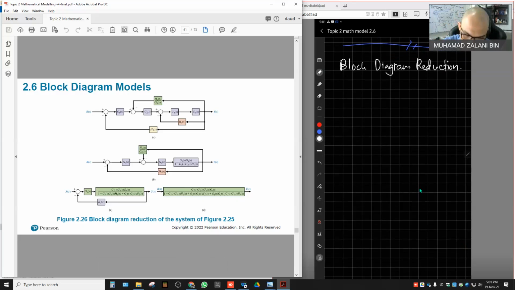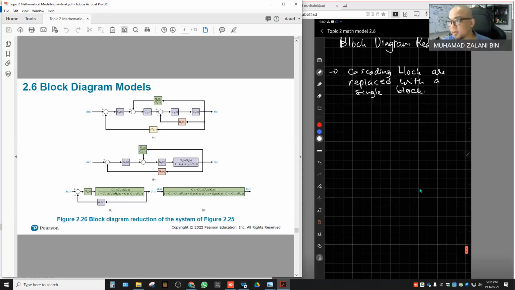Let's say for the simplest example, a cascading block is replaced, many blocks replaced with a single block. That is what is called block diagram reduction.